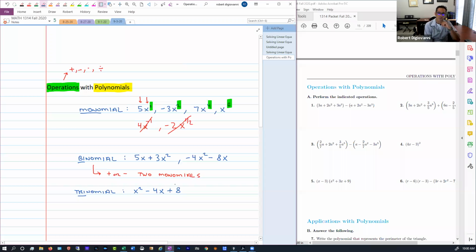You could have negative 3x to the 4th plus 7x minus 1. And I should point out here that the number 8 and the number -1, even though they don't have an x written down, are still monomials, because I mentioned last class that there is actually an x to the 0 next to these. We don't write it down, but technically a number by itself is still a monomial.